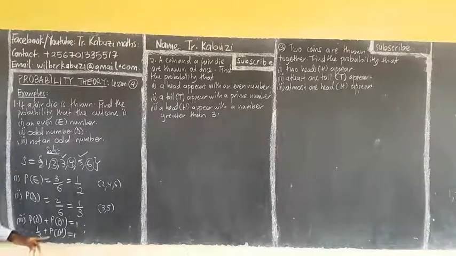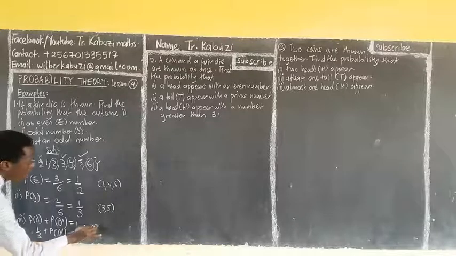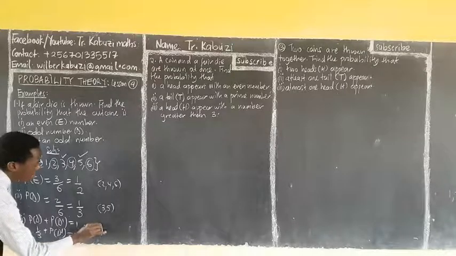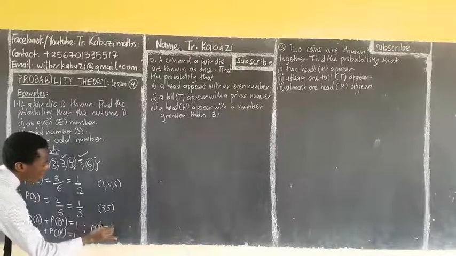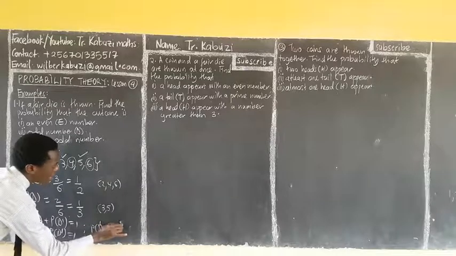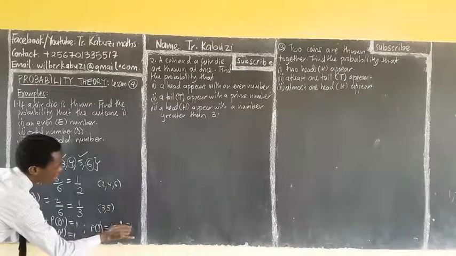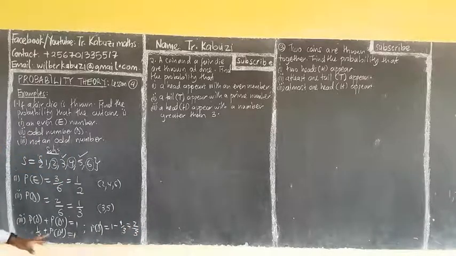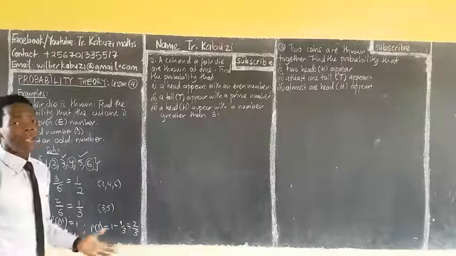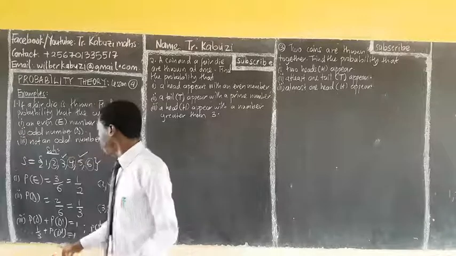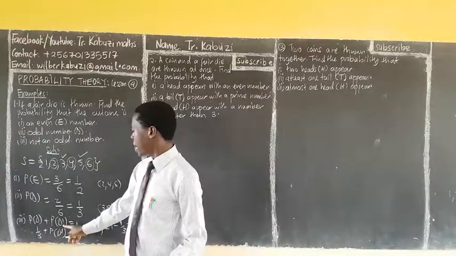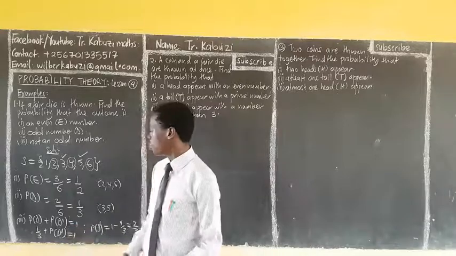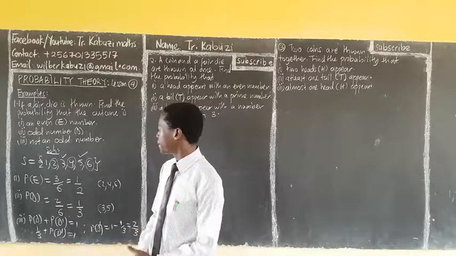So if we take this side, the probability that the number is not odd is going to be 1 minus one half, which is one half. So that's how we do it. The probability the number is odd plus the probability it is not odd is equal to 1. That's how we summarize that with ease.